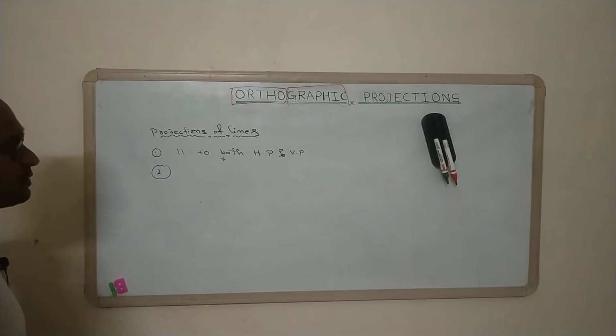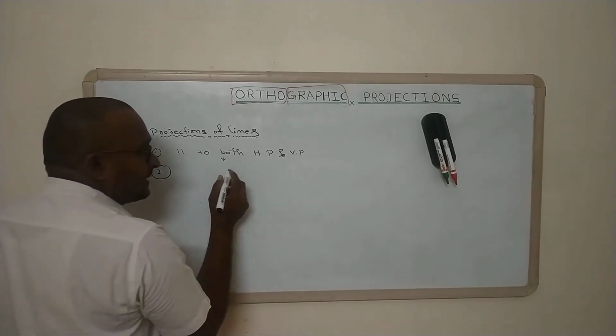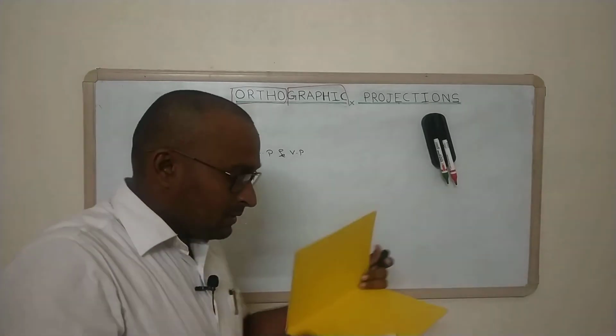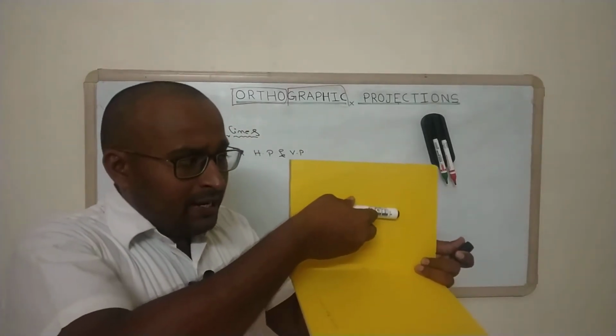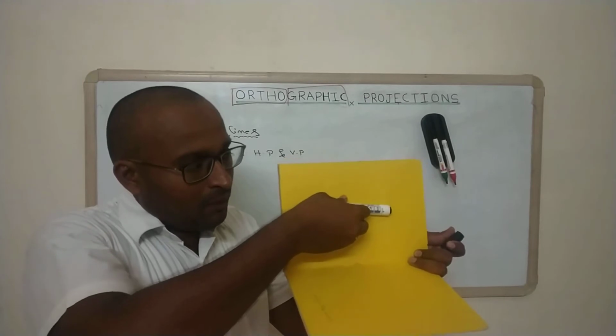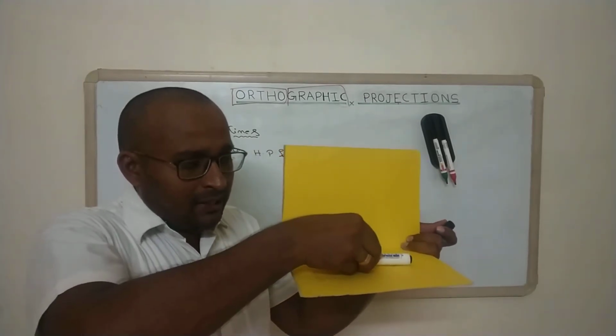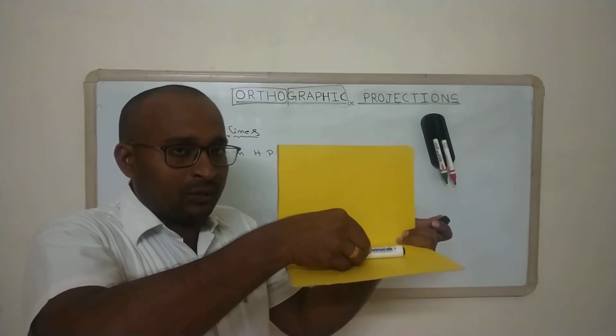Coming to the second one, the line is parallel to one plane and contains or is perpendicular to another. That means a line on VP and parallel to the HP, or a line on HP and parallel to the VP.